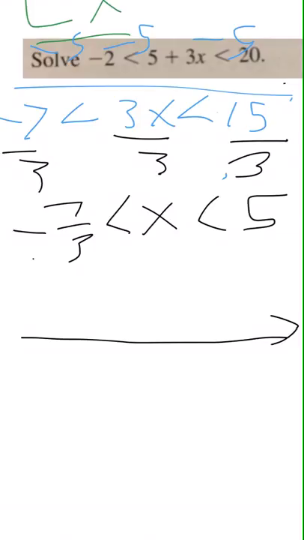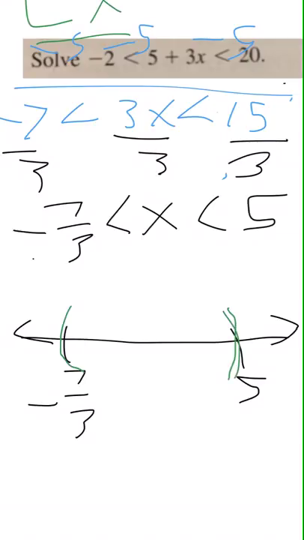So, from -7/3 to 5, if it's strictly greater than -7/3, it'd be parentheses around the -7/3 and parentheses around the 5.